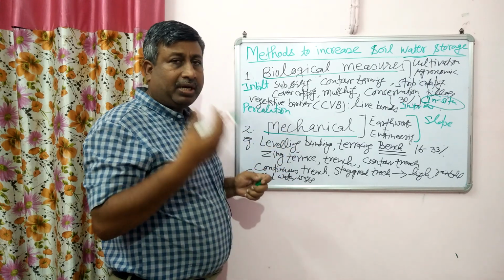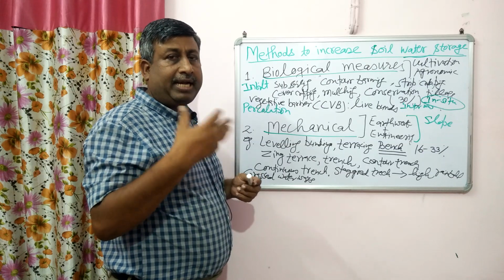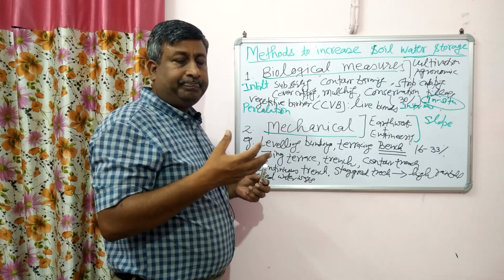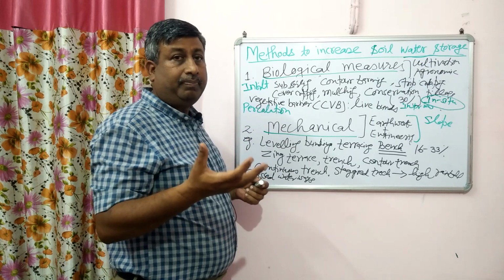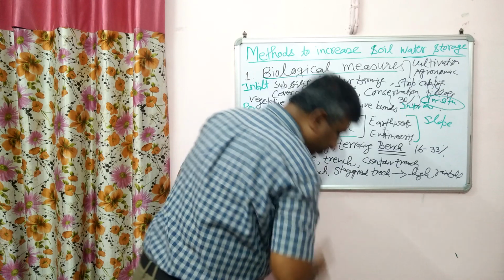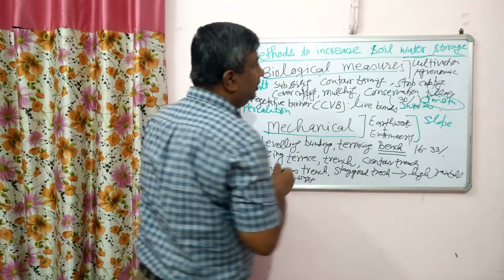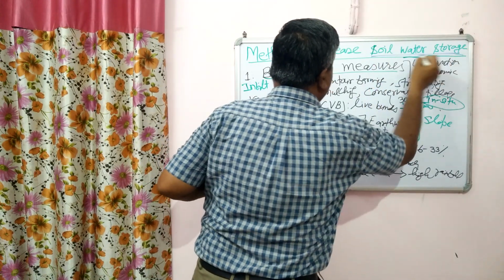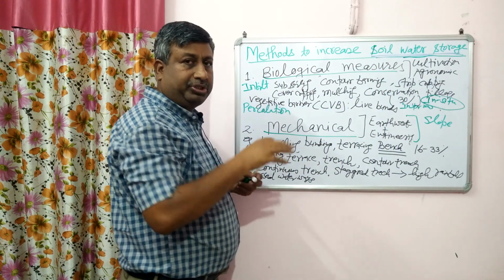And ex situ water harvesting, like formation of tank and pond, increases the water storage but outside the field, not the soil moisture storage. Here we are discussing the soil moisture storage, how we can increase the soil moisture in the field.